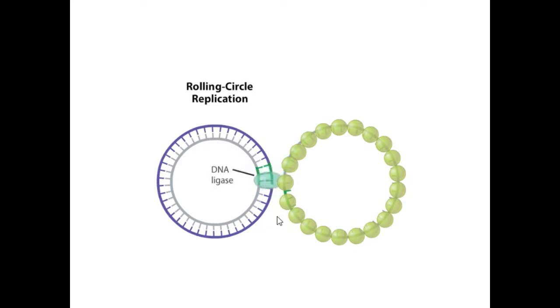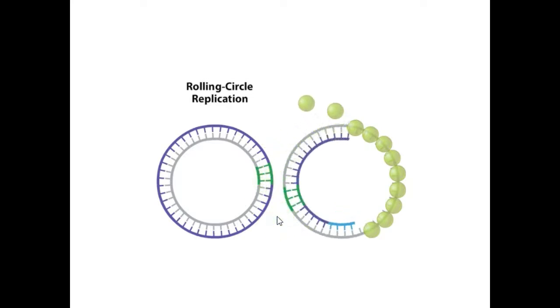DNA ligase seals the nick in the double-stranded molecule. The single-stranded DNA can now be replicated. A region of the DNA becomes looped, allowing RNA polymerase access to the DNA to form a primer. Host DNA polymerases use the primer as a starting point for the synthesis of DNA. Finally, DNA ligase seals the remaining nick, resulting in a double-stranded plasmid. Each of these plasmids can undergo replication again by the same method.